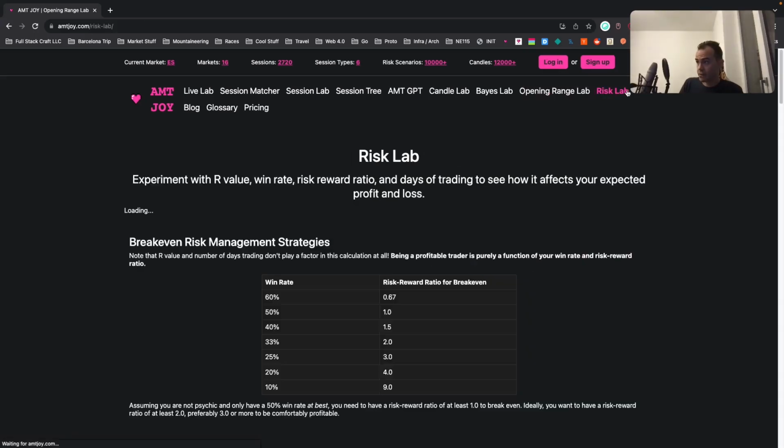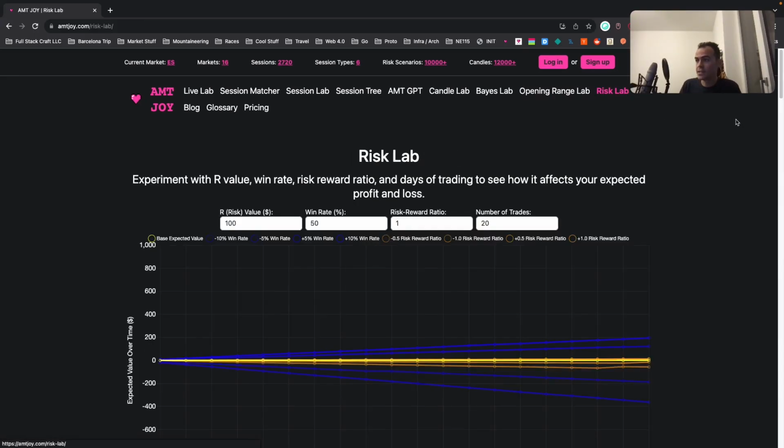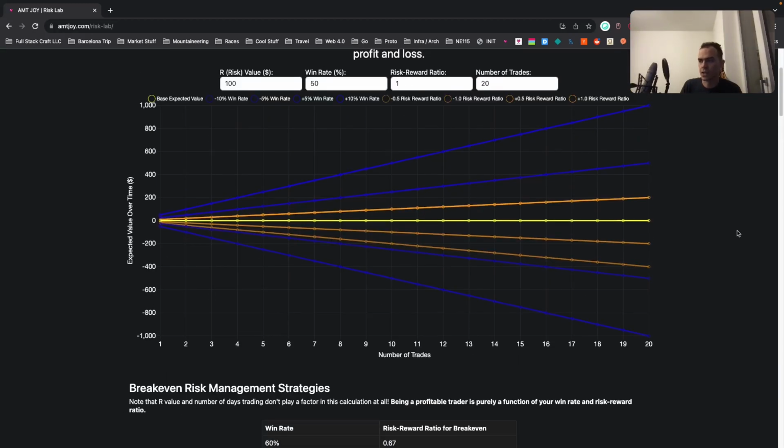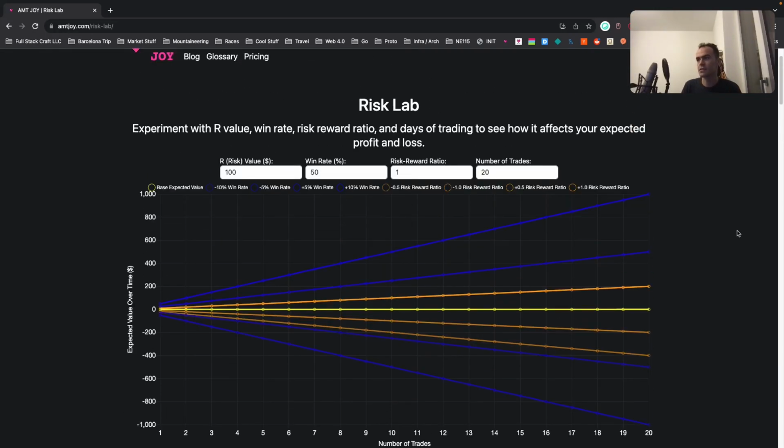We also have the Risk Lab, and this just has a large variety of risk-related statistics and numbers. The main one is this chart here. You can play with your risk value. So no matter what your account size, you can go from 1 to, I don't know, $10,000 here.